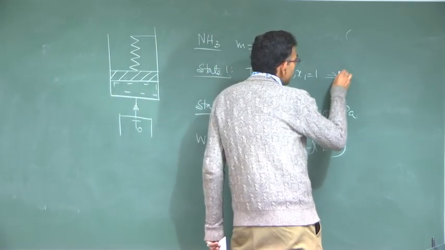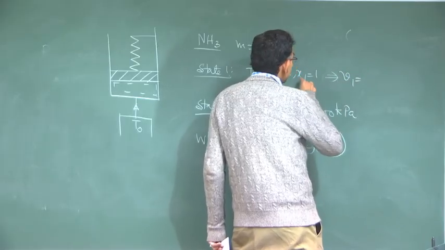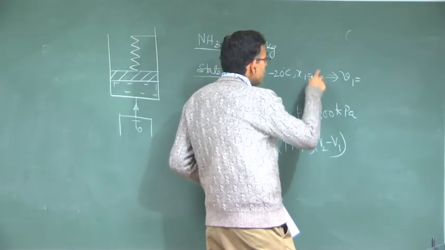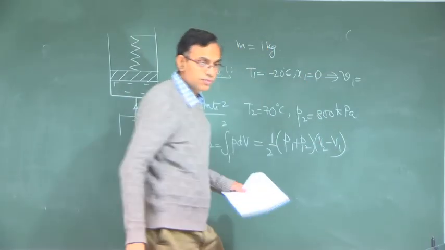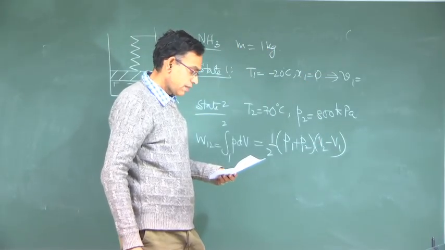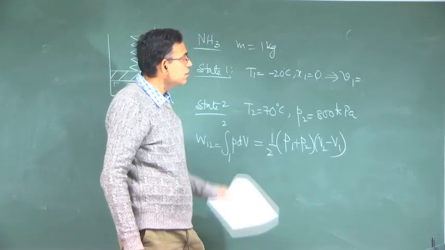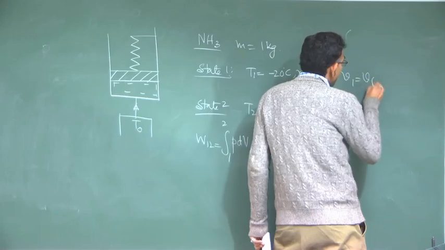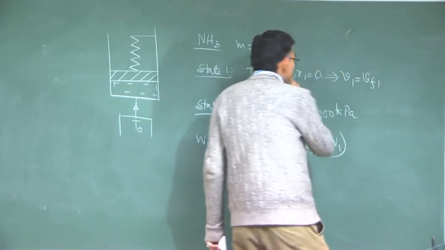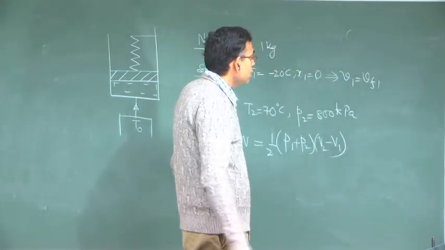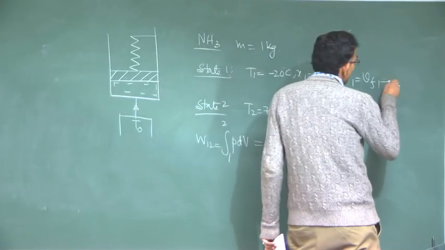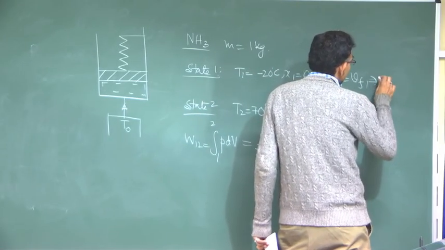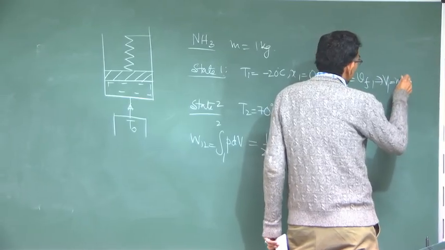So, how do you know this V2 minus V1? You know what is V1, which is nothing but, sorry, this is saturated liquid, not saturated vapor, right. So, x1 is equal to 0. V1 is Vf1 at minus 20 degree centigrade, and capital V1 is M into v1.